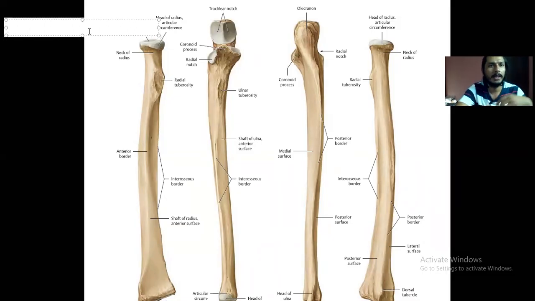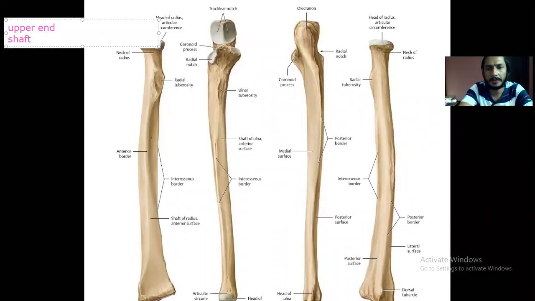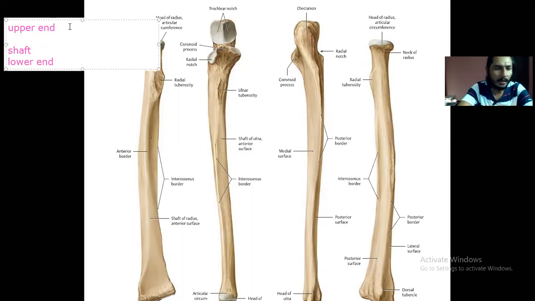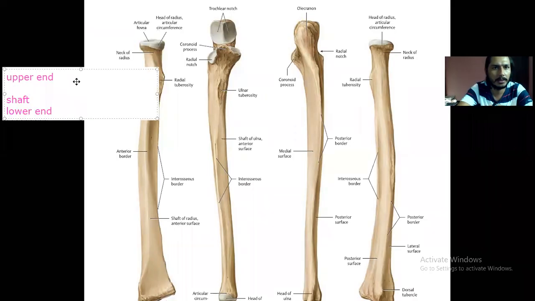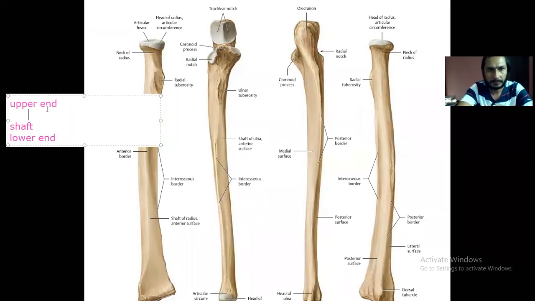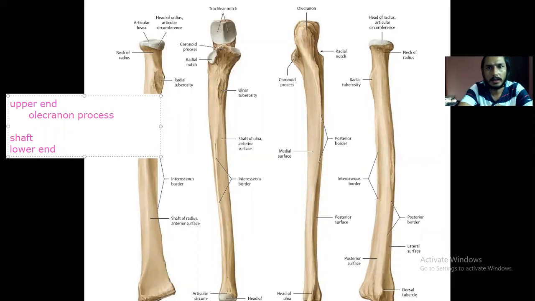Now we'll see the features of this bone: upper end, shaft, and lower end. Let's go for the upper end first. In the upper end you will see various structures: the olecranon process and the coronoid process.